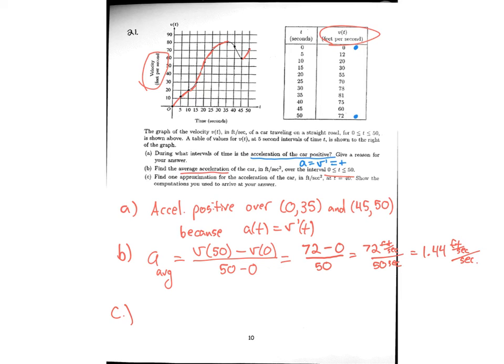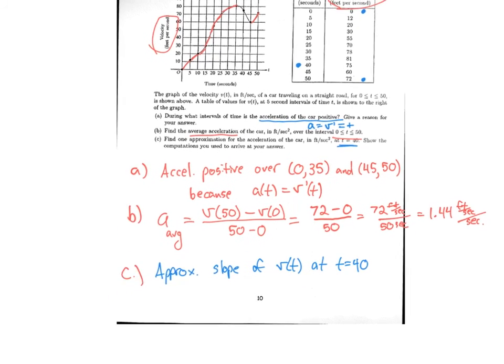And our last part, find one approximation for the acceleration of the car at time t equals 40. So at time t equals 40 is right there, and because the acceleration is the slope, what I want to do is approximate the slope at t equals 40, the approximate slope of velocity at t equals 40.